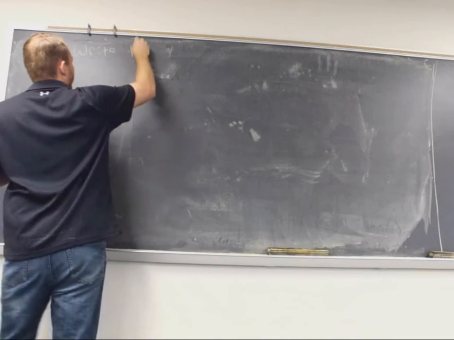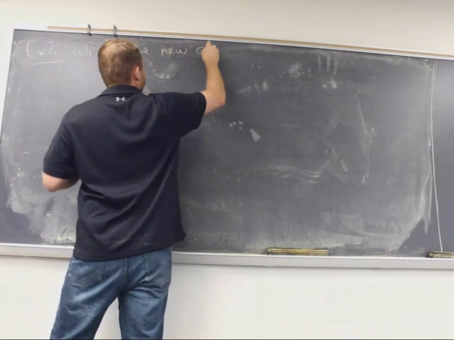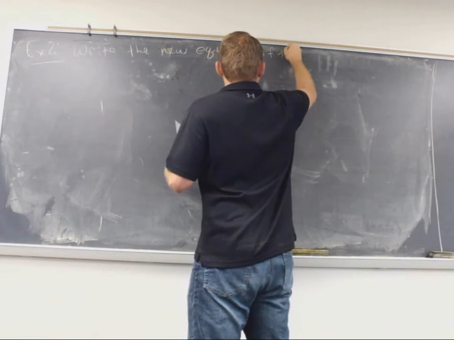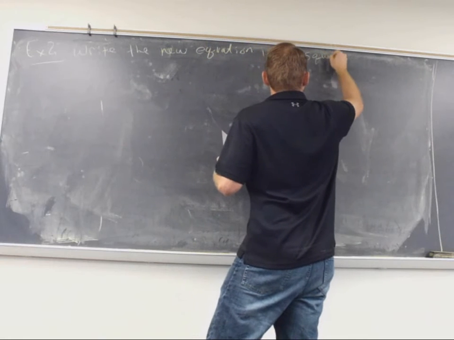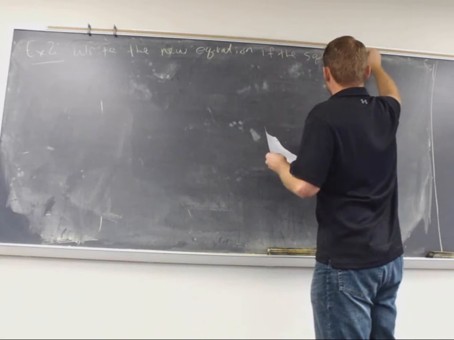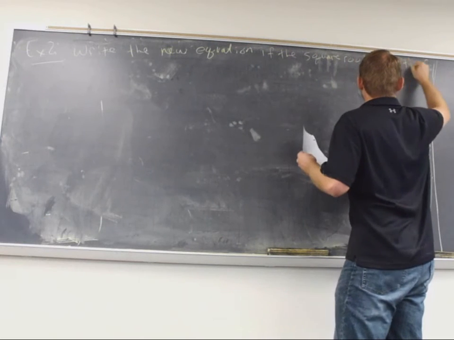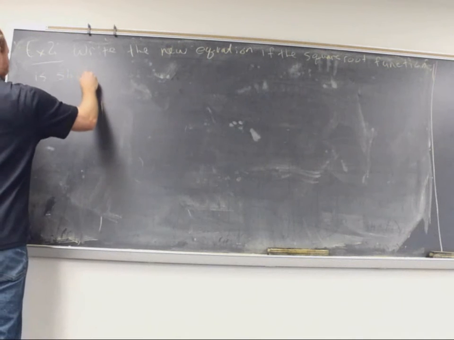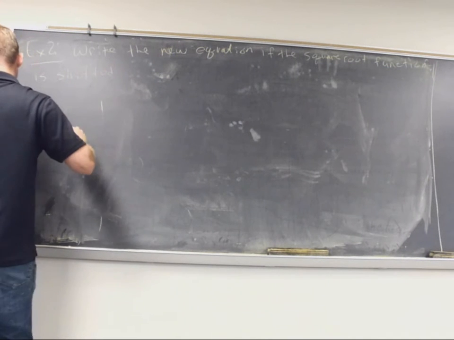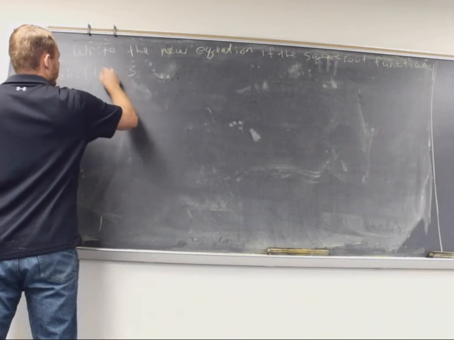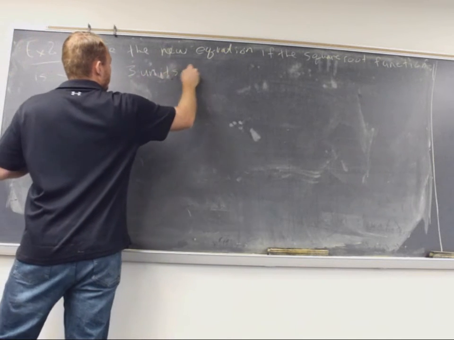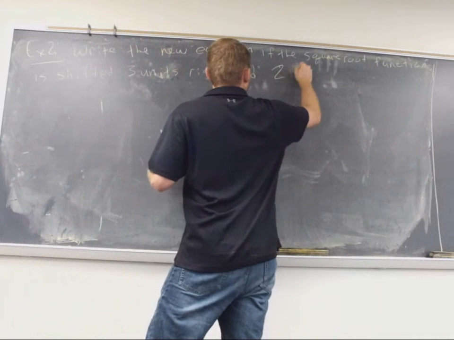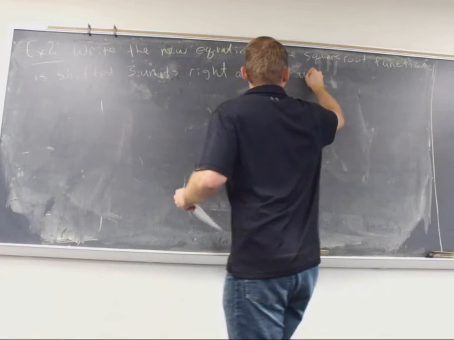Write the new equation if the square root function is shifted three units right and 2 units down.